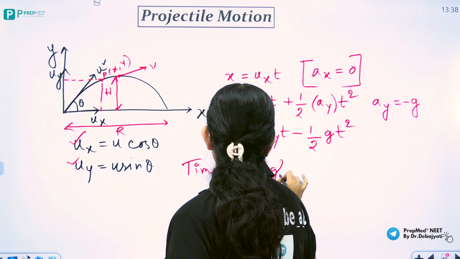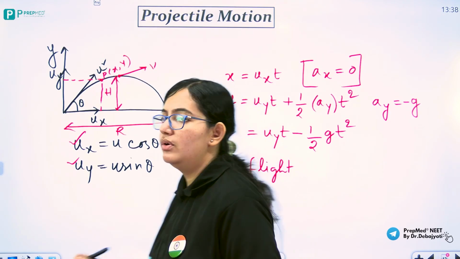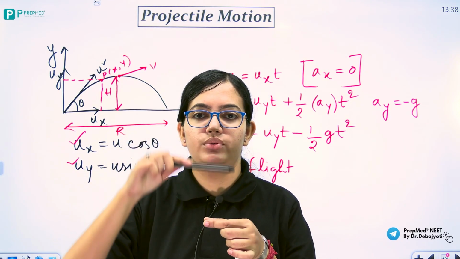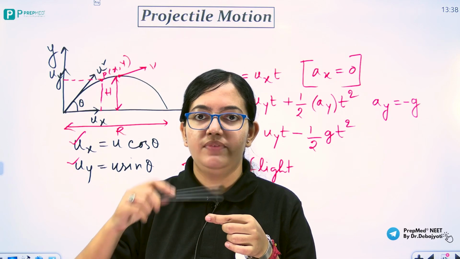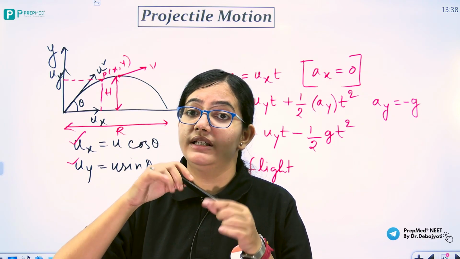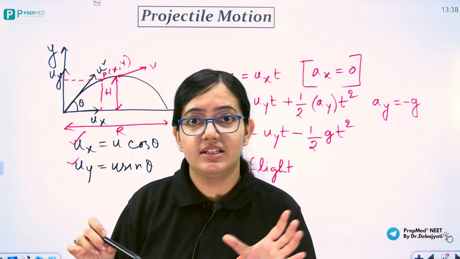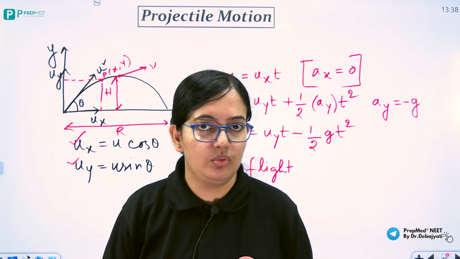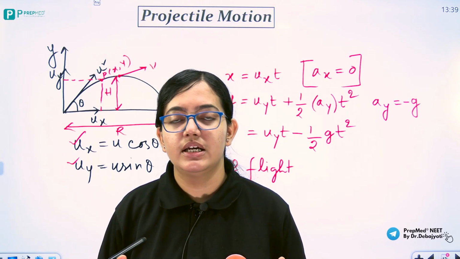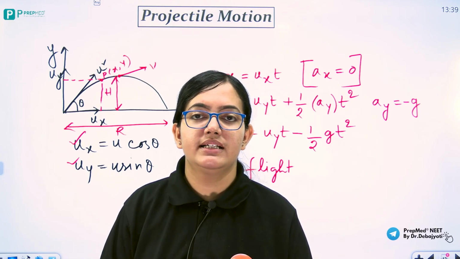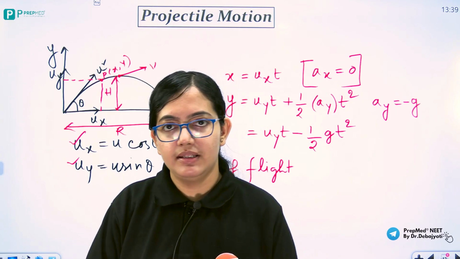Time of flight means the object is in air first and then gets back to the ground again. I am not saying the initial position in the sense that it is horizontally shifted, no, there is a horizontal range, and we have to calculate that also. But vertically we can say the displacement is 0 in this case.